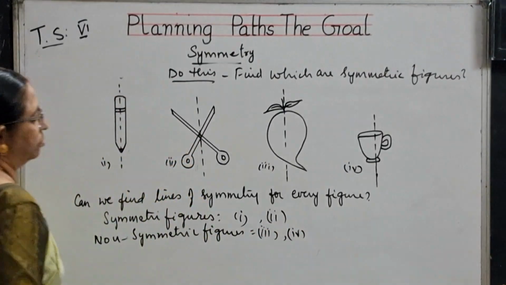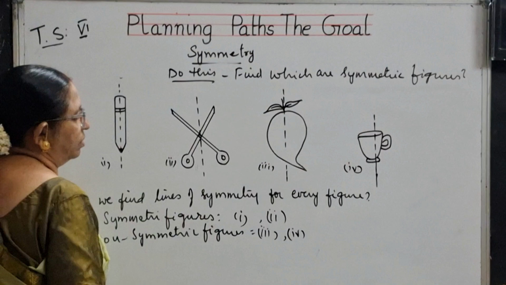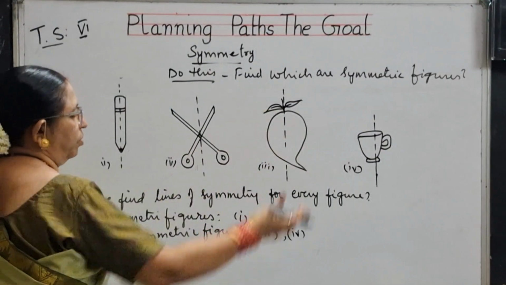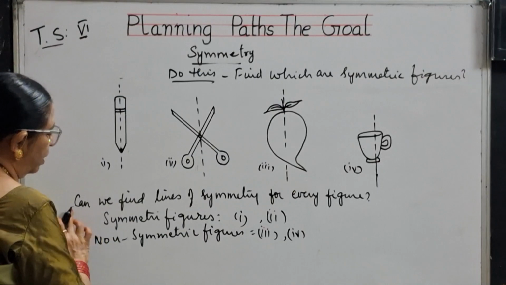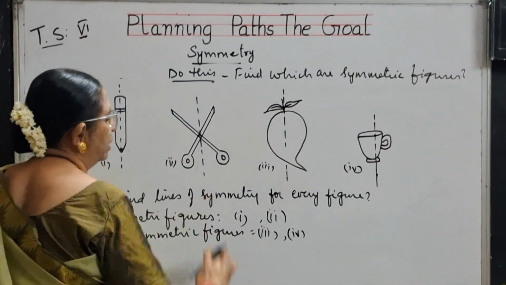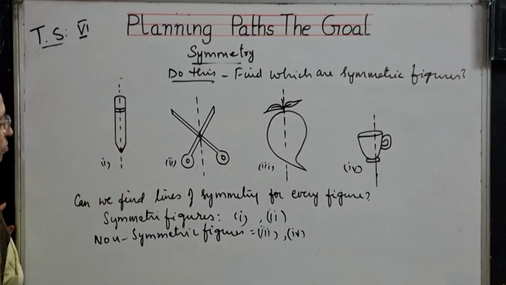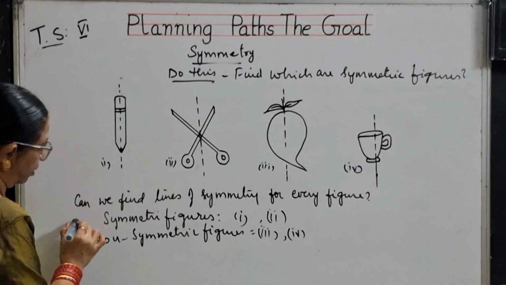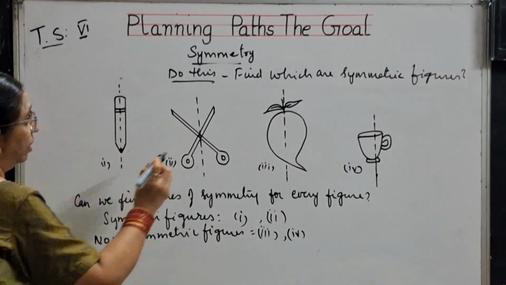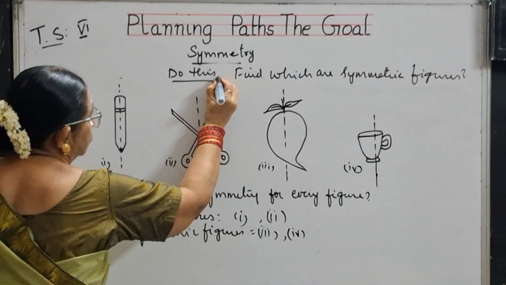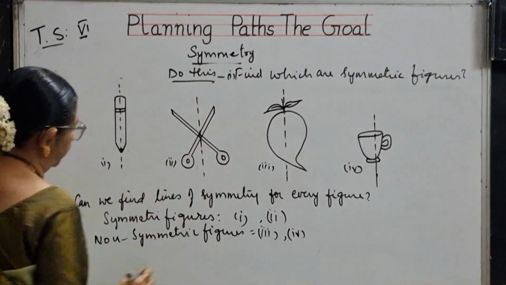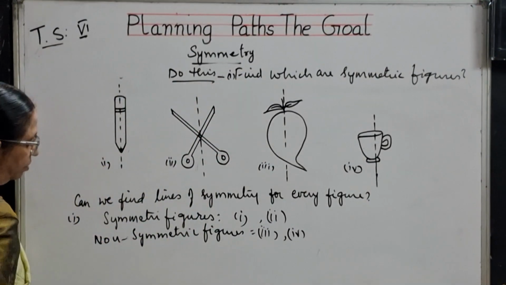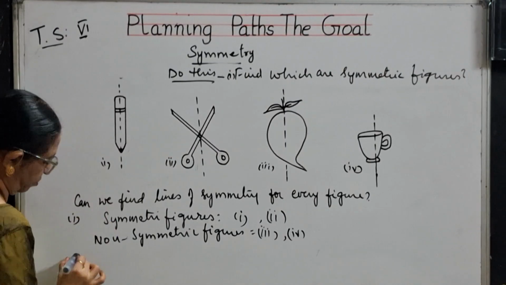These are non-symmetric figures. Why are they considered non-symmetric? Because we are not getting the exact mirror images. Now the question is, can we find lines of symmetry for each figure? So this is the first one. If I write find which are symmetric, this says the first figure. This is the first question. These are the answers for the first question.